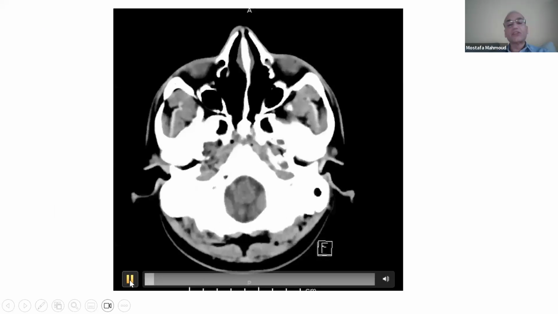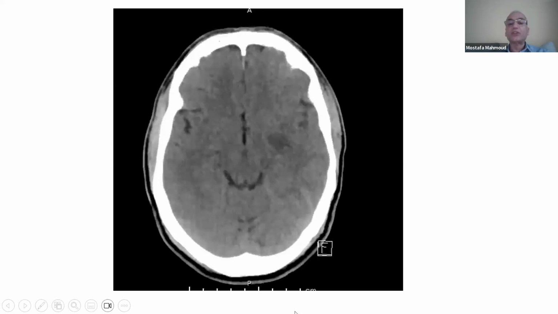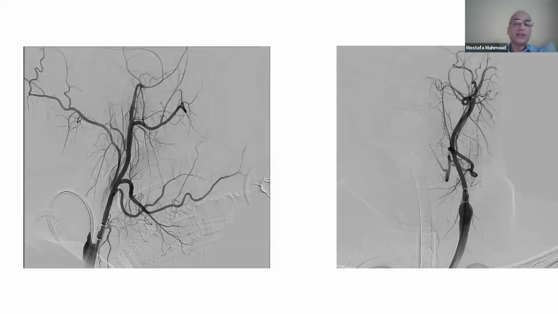We did just a CT to make sure that there is no bleeding, and we rushed to the angio suite. What we found in the angio suite: flame-shaped sign pointing to dissection. Always this flame-shaped sign in the ICA points towards ICA dissection.